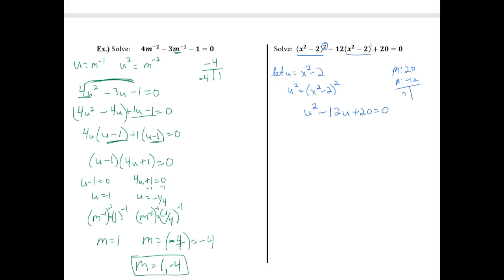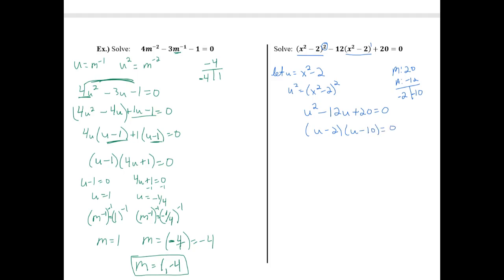So I'm thinking they would be 2 and 10. And if I want it to multiply to a positive but add to a negative, they have to both be negative. Since my leading term has a coefficient of 1, I can go right into my parentheses of u minus 2 and u minus 10.